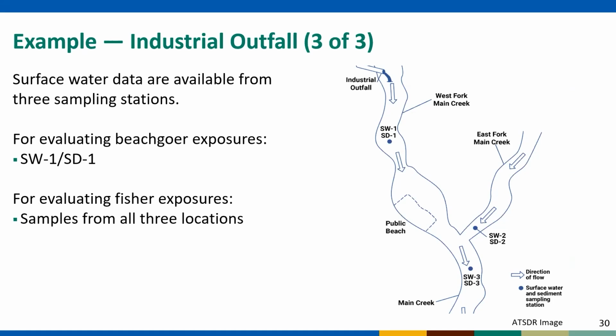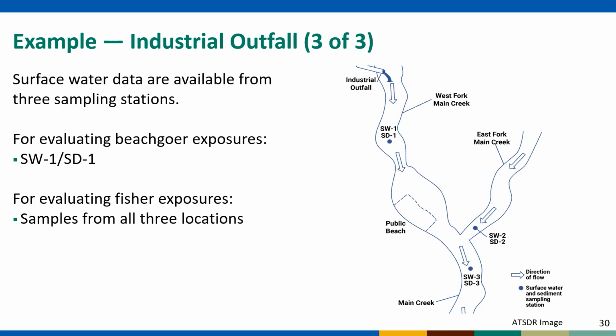For evaluating the beachgoer exposure, you would first want to consider the proximity of the beach to the other sampling locations, as well as the outfall. Let's start with sampling location 2 in the East Fork. Although this sampling location appears to be closest to the beachgoer exposure unit, data from this location wouldn't be appropriate for characterizing exposures at the beach, since contaminants from the industrial outfall wouldn't flow upriver into that tributary.